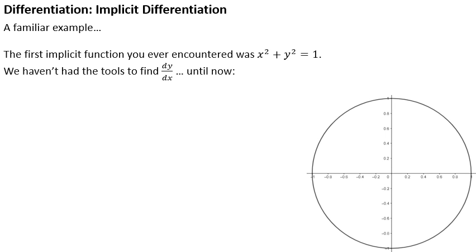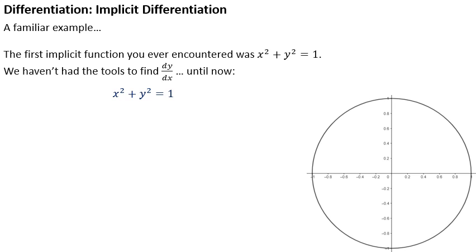So previously we've not been able to differentiate this, but now we can. We've got the tools because we can differentiate each part of both sides of this equation implicitly. That means instead of starting with y equals something and ending with dy by dx equals the derivative of that something, we're going to have both sides of the equation being differentiated with respect to x and not worrying about the fact that y appears in various different places throughout the equation.